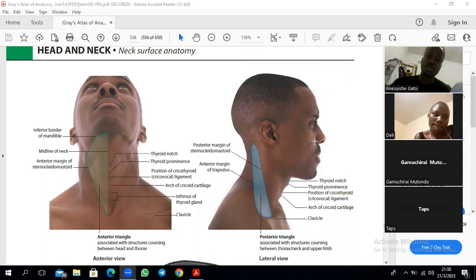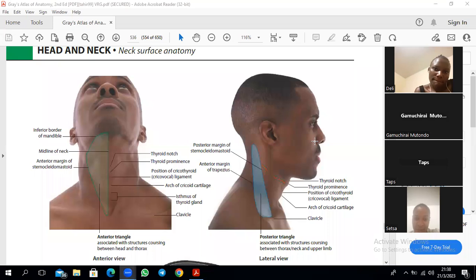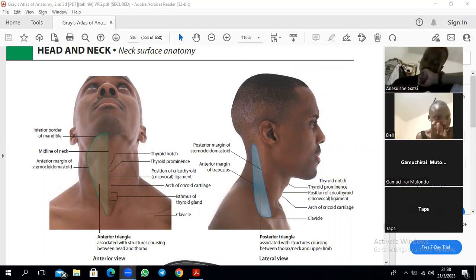So just as a general question to see if any of you had read anything about this, what innervates the skin of the neck? For the benefit of everyone, I will use English throughout. What is the skin of the neck? C2, C3, and C4.